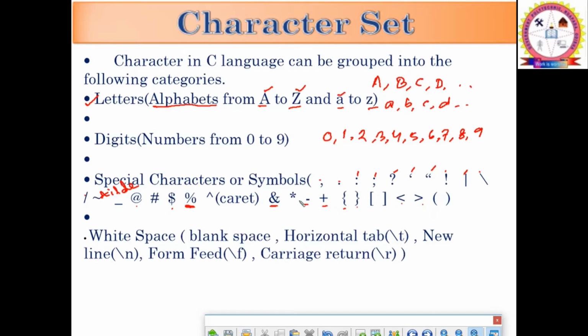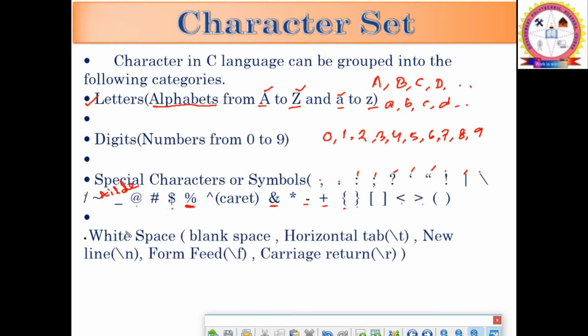So these are the special characters. All these characters, whether letters, digits or special characters, you can see on a keyboard, and the keyboard is the standard input device of a computer. All the characters are represented by different keys on a keyboard.